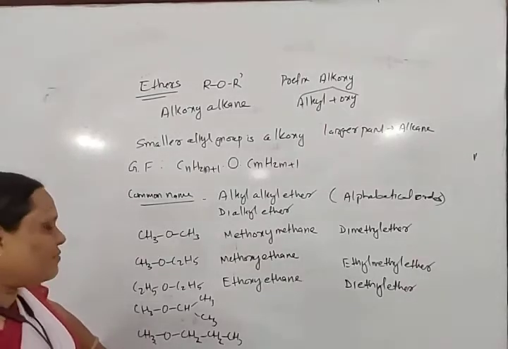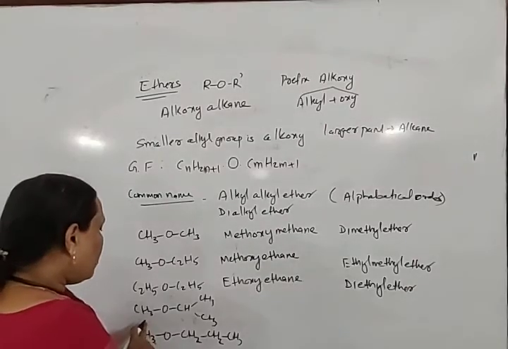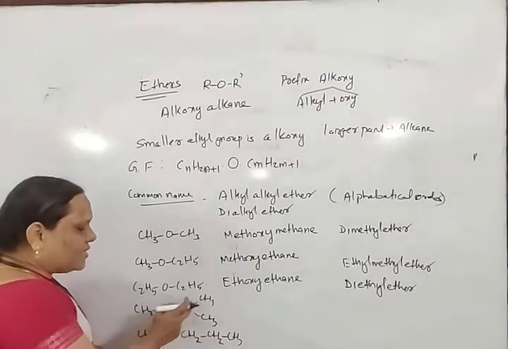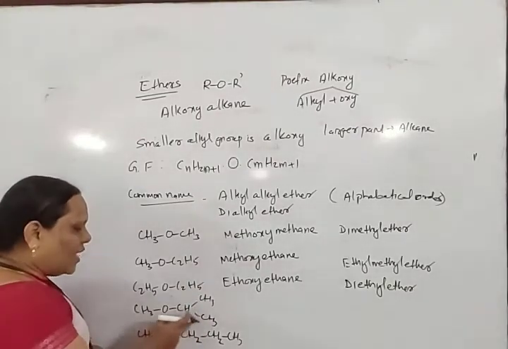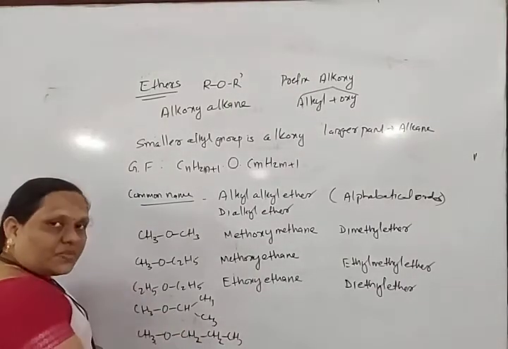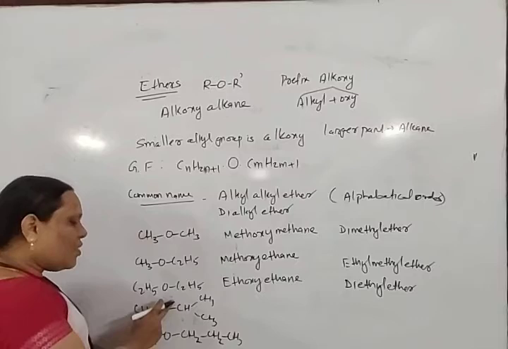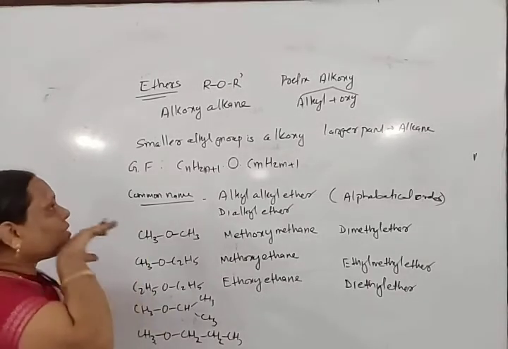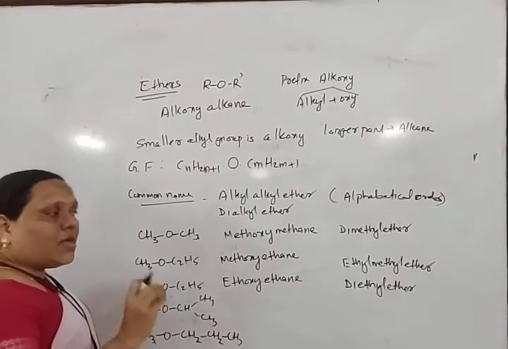Alphabetically methyl comes first. And look here, whenever you write the IUPAC name, at position 2 this group is present, and at position 1 this is present. How to write this 2 and how to write 1, we will discuss later when I give the idea about the rules.